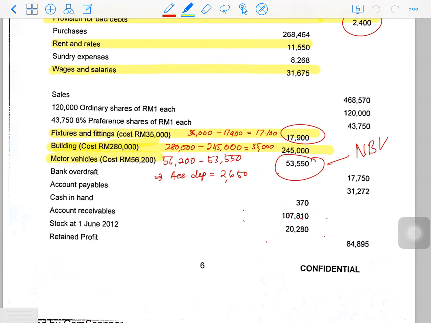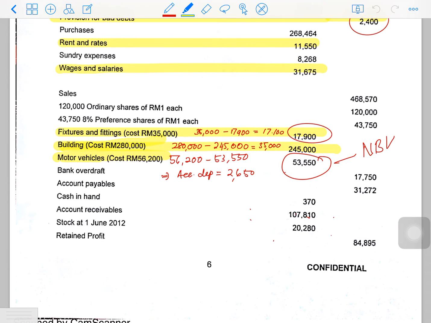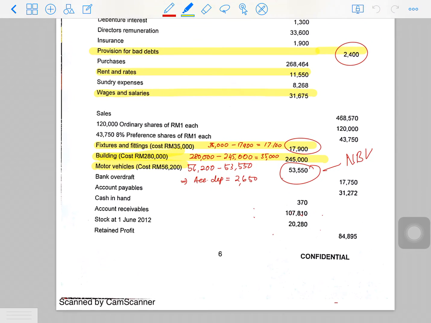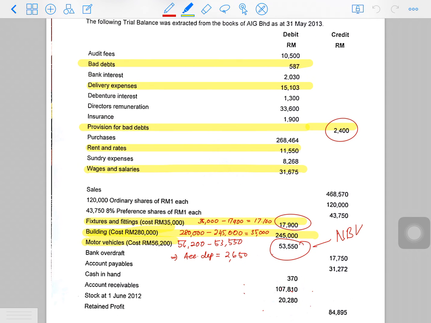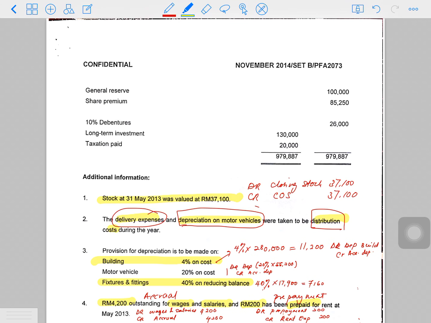No tax. Where? Two pages. Oh, sorry. Taxation paid is here. Taxation paid is 20,000. This is the amount that they already paid.